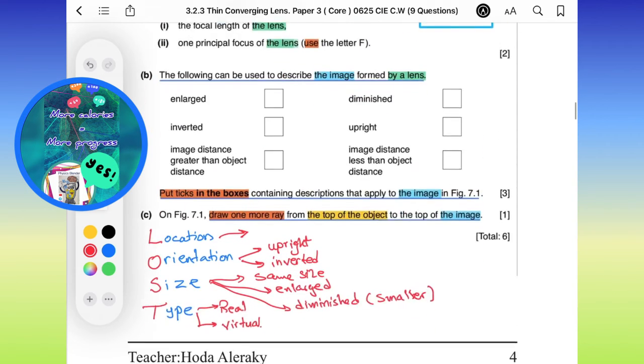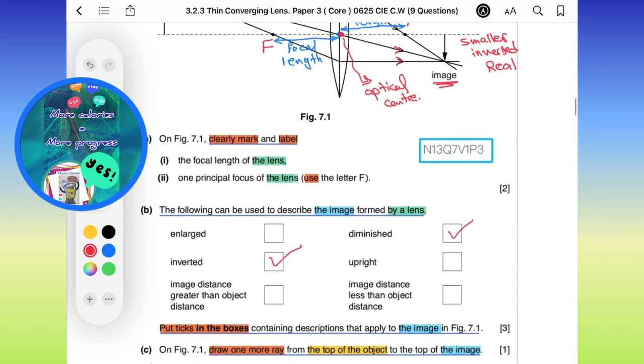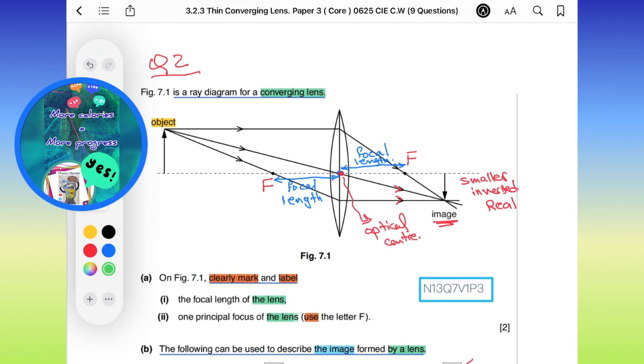So you have to choose that it's inverted, and in this case also diminished, smaller. What about the distance: is the image distance greater than the object distance, or less than the object distance? If you check here, the distance between the image and the lens is smaller than the distance between the object and the lens.